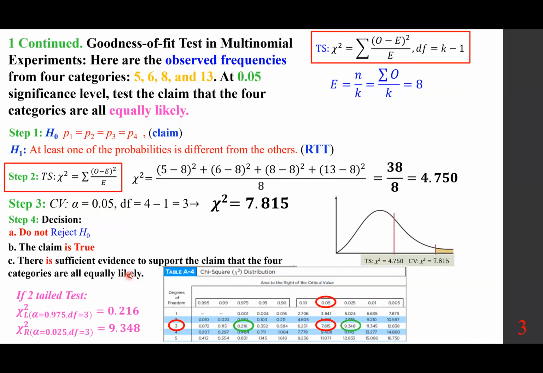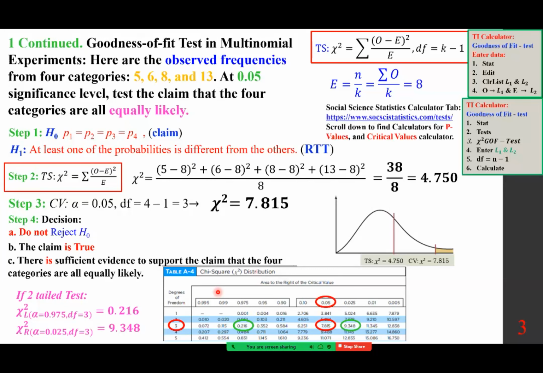If we were to use a two-tailed test, then the chi-squared on the left would be 0.216, and the right one would be 9.348. And as you can see, this test statistic is between the two, which puts it in a non-rejection region. We get to the same decision.